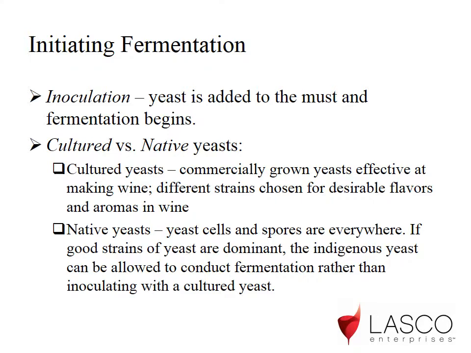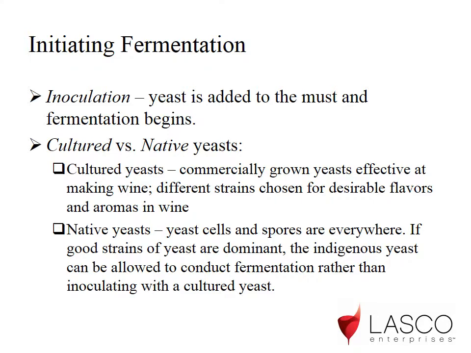In the case of native yeasts, on the other hand, yeast cells and spores are everywhere, in the air, on the grapes, and in the winery. If good strains of yeast are dominant in the winery, the indigenous yeast can be allowed to conduct fermentation rather than inoculating with a cultured yeast. Some winemakers feel that the use of native yeast helps contribute to the unique expression of terroir of the wine.